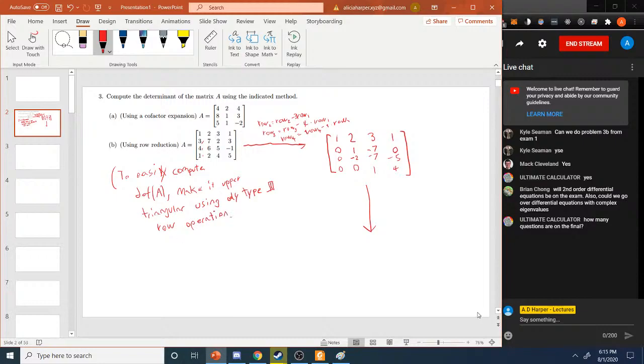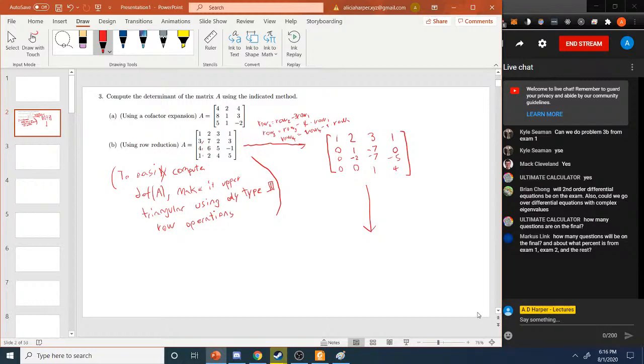So I guess I should say you don't have to use only type 3 row operations. But the reason we want to do this is because if we don't, then we have to start keeping track of signs, and various factors that we incorporate into our elementary matrices. So to make things as simple as possible, you only use type 3 row operations, since type 3 row operations preserve the determinant.